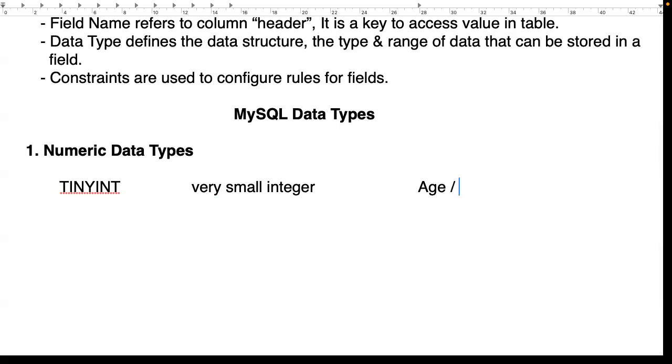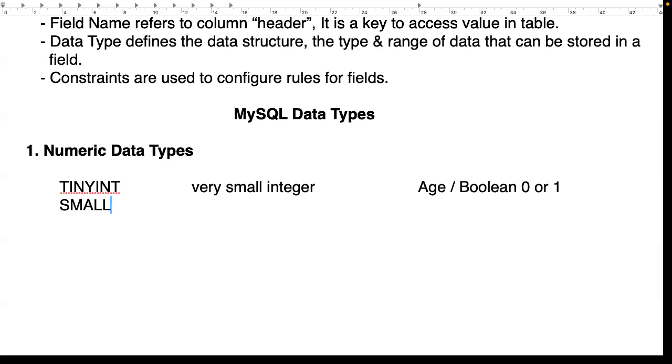Or people usually use it for boolean. Boolean means true false, but actually not true or false, it is boolean 0 or 1. For such things they use it. That is tiny int.